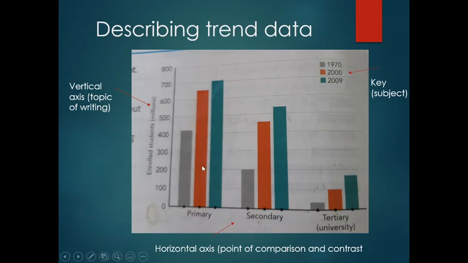So this thing in between, you don't actually look at it per se. You have to focus on the first and the last information because the first and the last information is going to show you the trend.